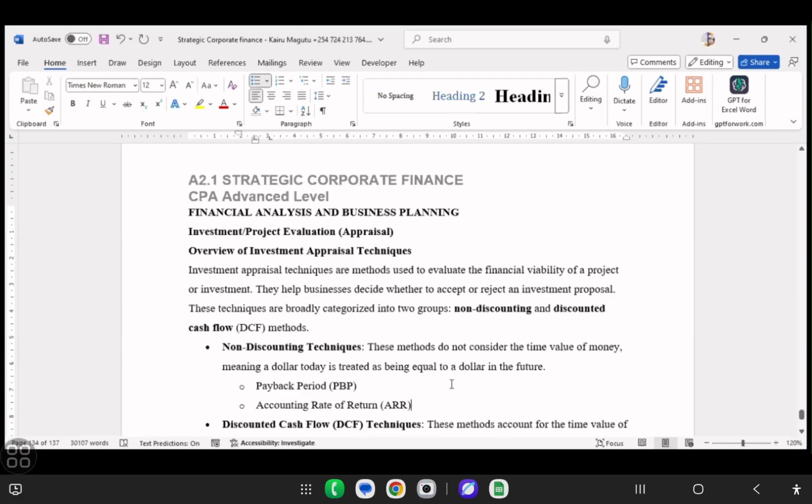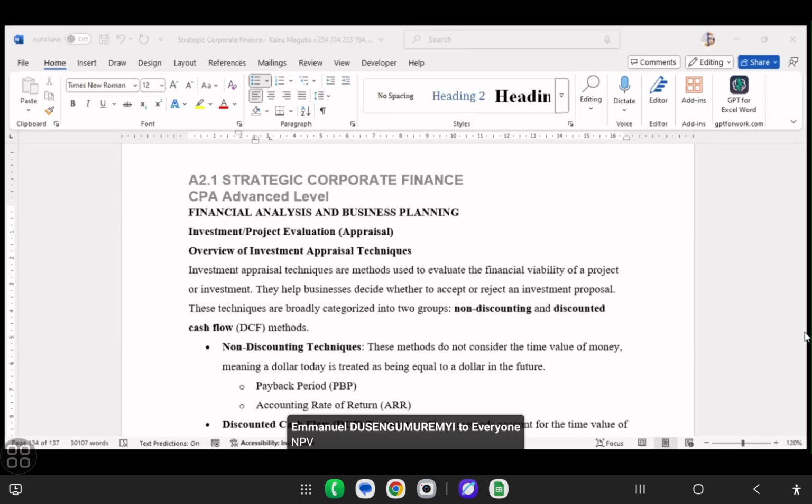If you know what discounted cash flow methods are, can I have someone just post in the text box? Can you give me the discounted cash flow methods that you know? I need to see which ones you know.